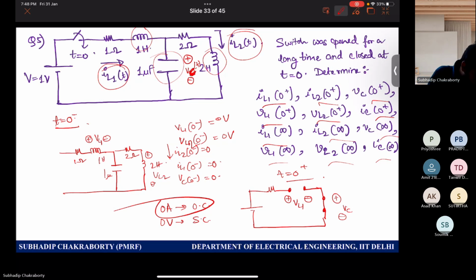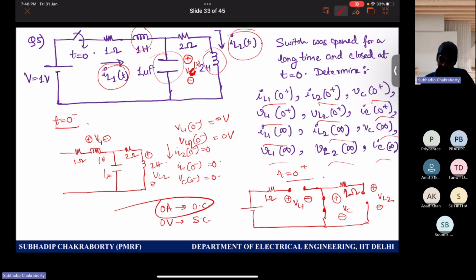Okay. Now you determine what it will take. Inductor open circuit. Okay. VL2. This is 1 ohm. This is 2 ohm. So tell me what is the current?